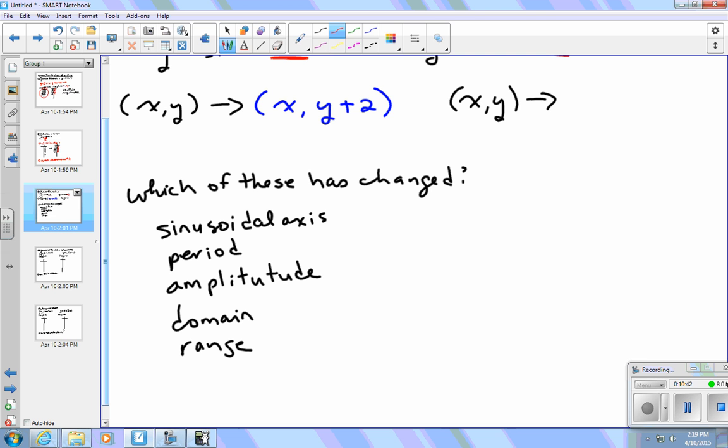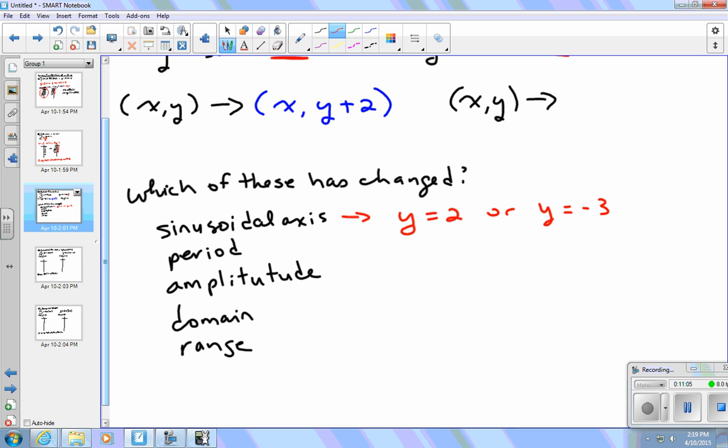Okay, our sinusoidal axis has gone up 2 in the first case, or down 3. Let me rephrase that, the sinusoidal axis became y equals 2, or in the second case, y equals negative 3. That's giving it as the equation of the line for the sinusoidal axis.